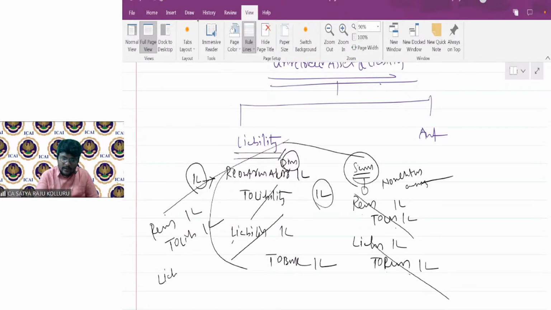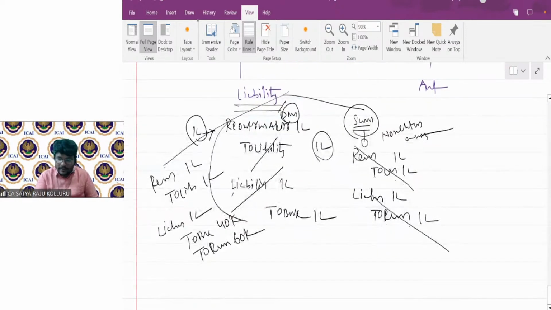I need to debit the liability to the extent of 1 lakh, out of which how much am I paying to the bank? 40,000 I am paying. Remaining is sacrificed, meaning 60,000 should go to the reconstruction account. Now if you check here, liability credit, liability debit cancel with each other. Reconstruction 1 lakh debit, reconstruction 60,000 credit. To the extent of 60,000 cancel with each other. That's why the net entry is reconstruction 40,000 to bank 40,000.